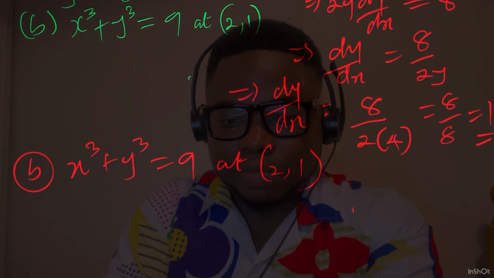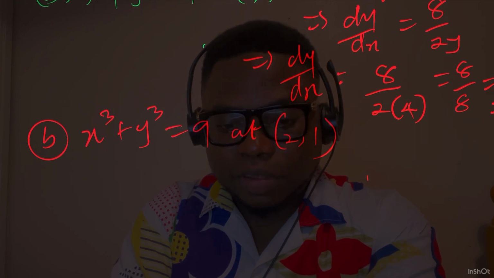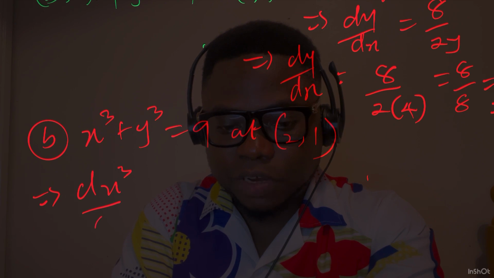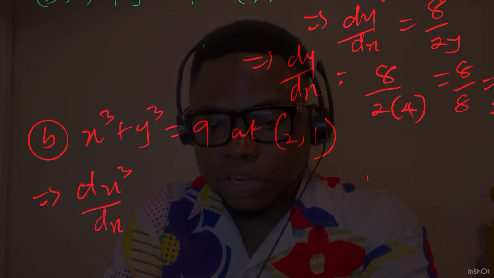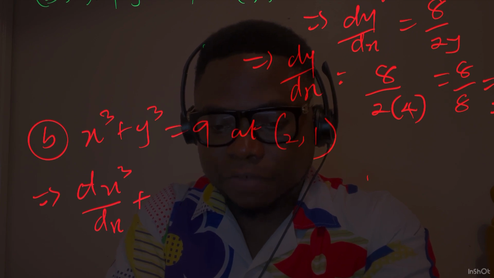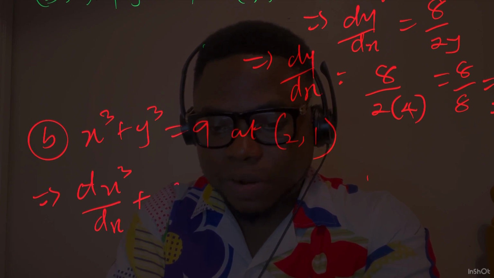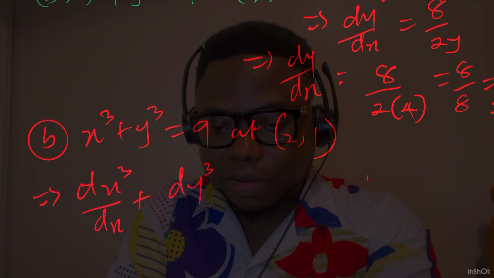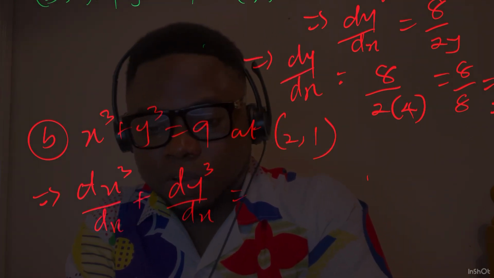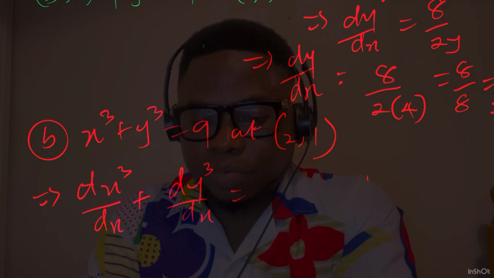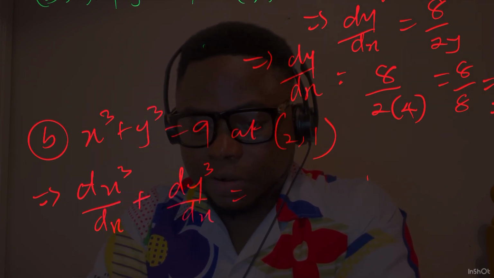I'm going to write d by dx of x cubed, that is differentiating x raised to the power of 3, plus differentiating y raised to the power of 3. I'm going to have d by dx of y raised to the power of 3 is equal to, remember that 9 is a constant, and whenever you're differentiating a constant, it's going to be 0. So I'm going to write 0 here.